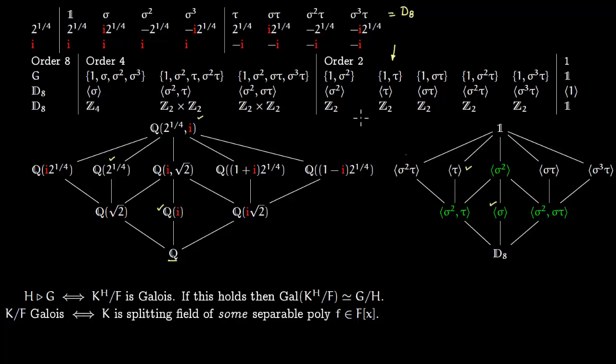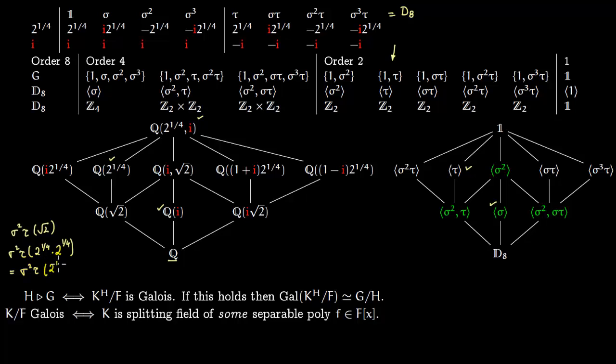What about sigma square tau? Sigma square tau will fix root 2. The way to see this is like this. Sigma square tau of root 2, you rewrite this as sigma square tau of 2^(1/4) times 2^(1/4), and now you use the multiplicative property of homomorphism.